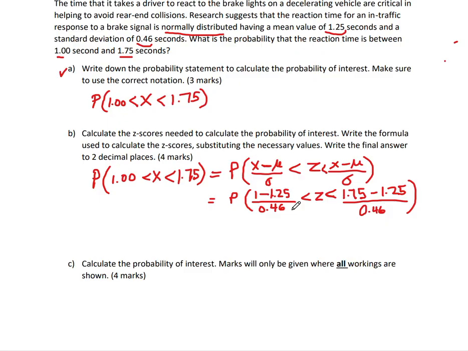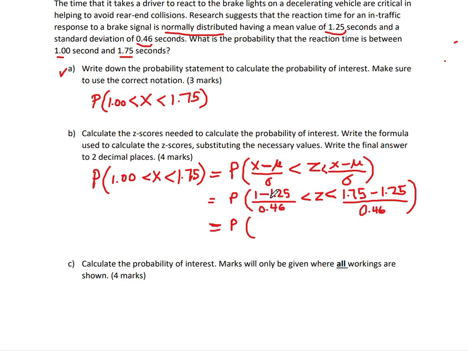So we're going to now simplify these to satisfy what the question is asking, which is to write the formula used to calculate the z-score, substitute in the necessary values, which we have, and then we're going to calculate the z-scores here. So this will be the probability. And then we're going to simplify this.